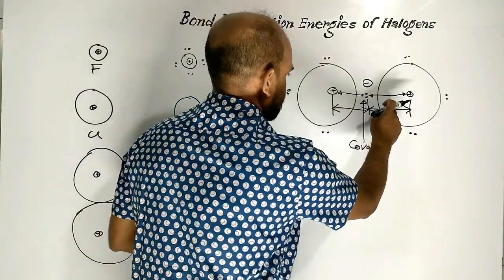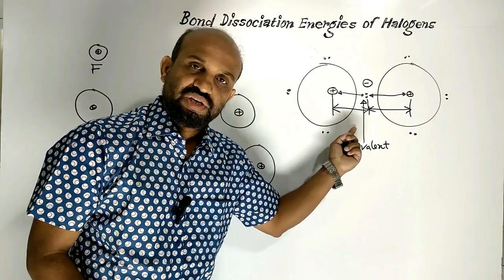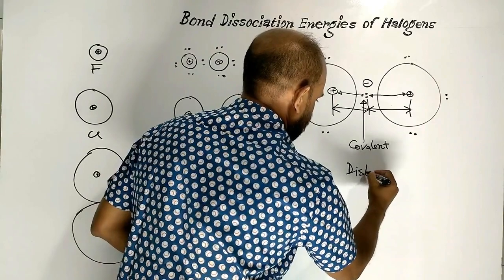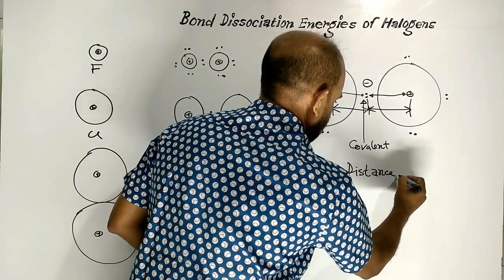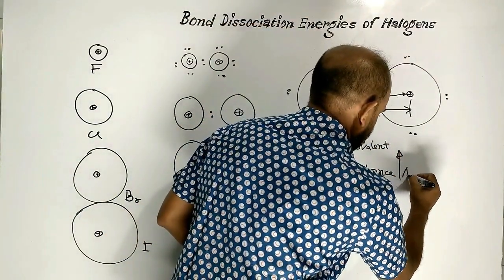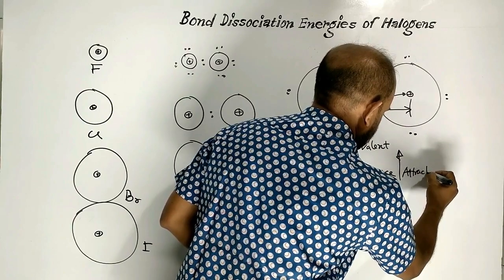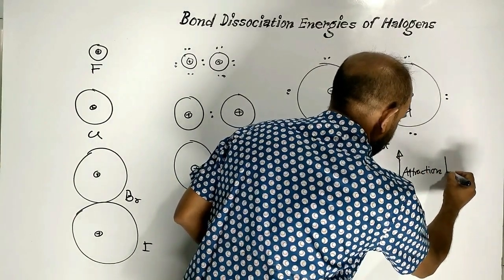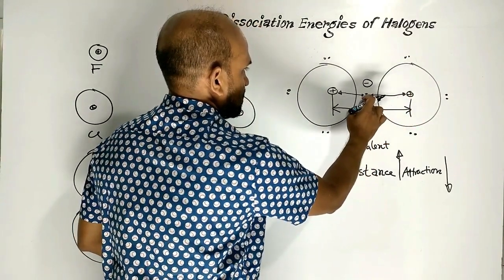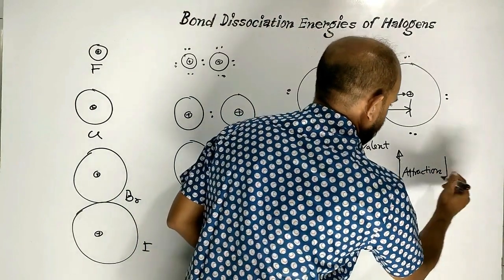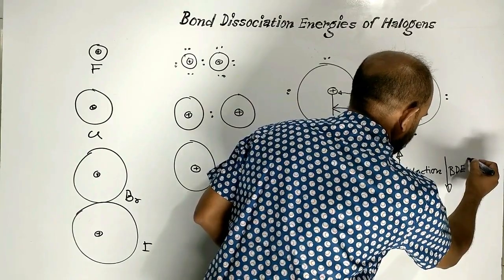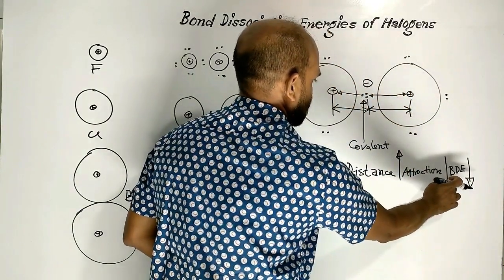In case of iodine, iodine is bigger in size. That is why in this case the distance is comparatively higher, then attraction becomes lower. More distance, less attraction. Less attraction, bond dissociation energy will be lower.